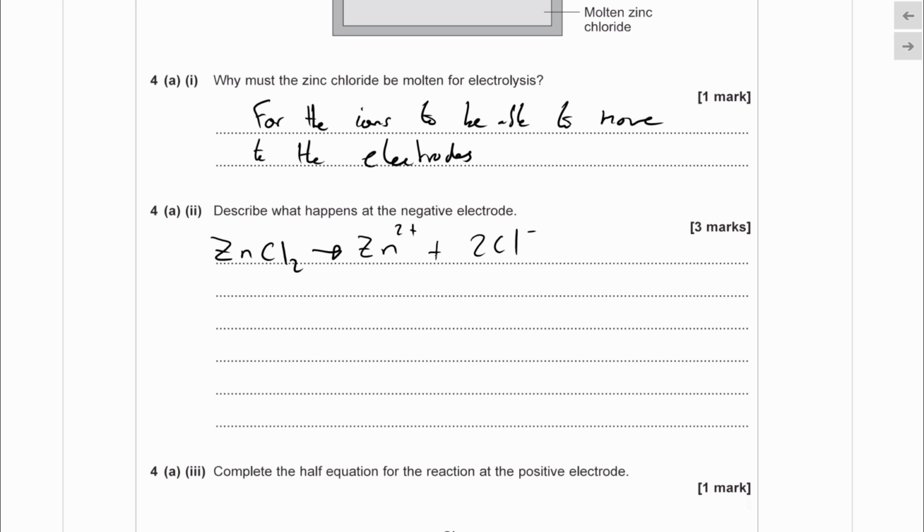So this is what's going to be formed in terms of the ions. Now those ions are going to move to separate electrodes. Which one's going to move to the negative electrode? It's going to be the positive ion, which is the zinc ion. So what I'm going to say is that zinc 2+ ions move to the negative electrode.